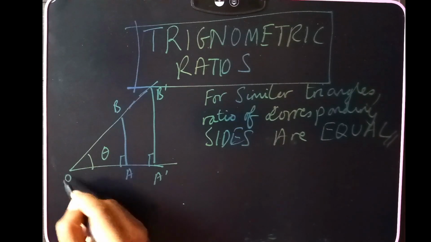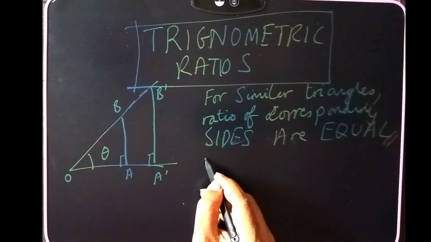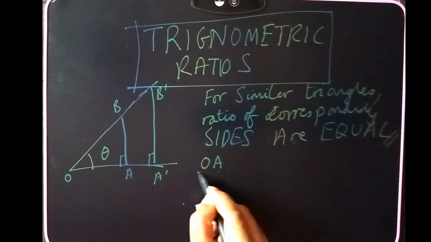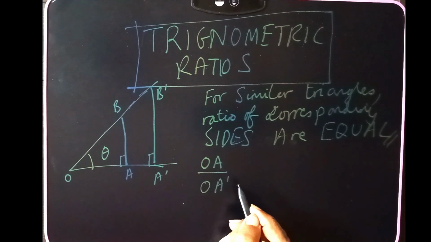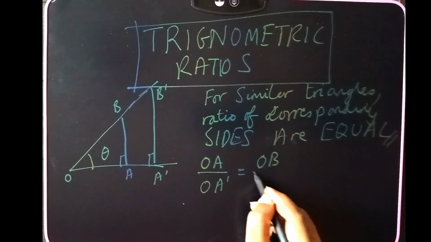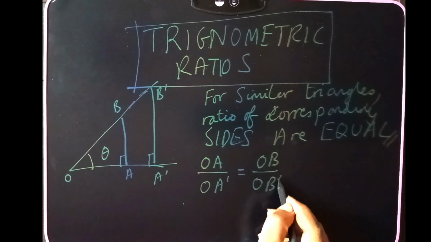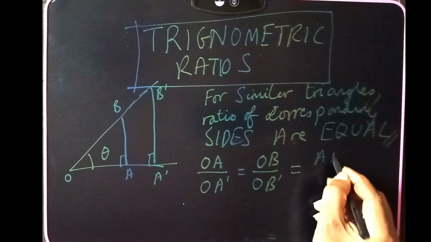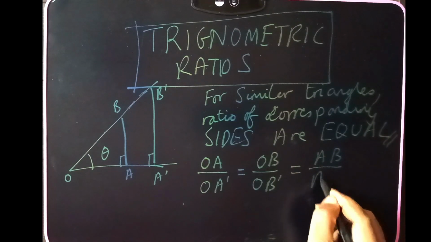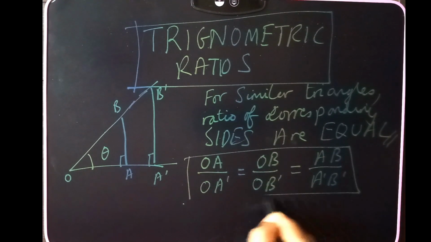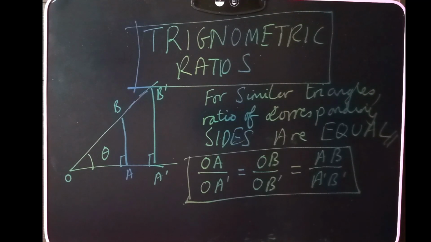Let us say this point is O. So if you take the ratio of OA by OA dash, this will become equal to OB by OB dash, then this will become equal to AB by A dash B dash. This is similar triangle ratios.